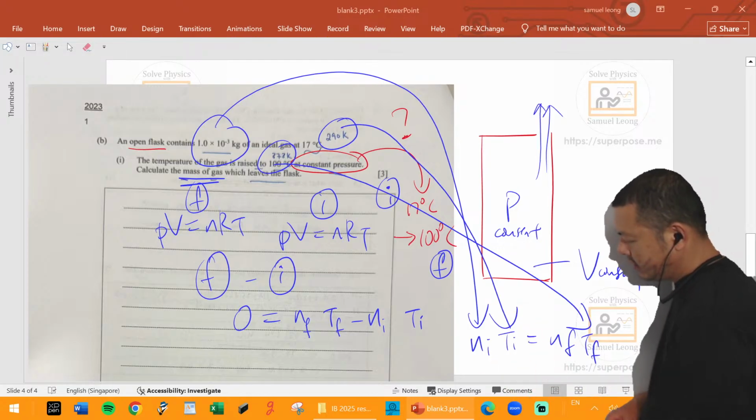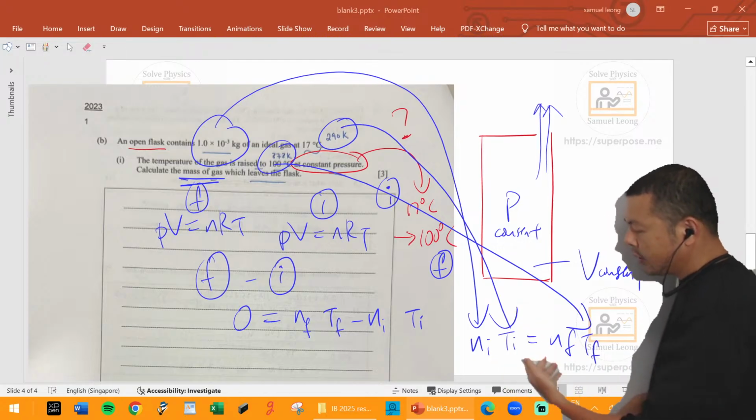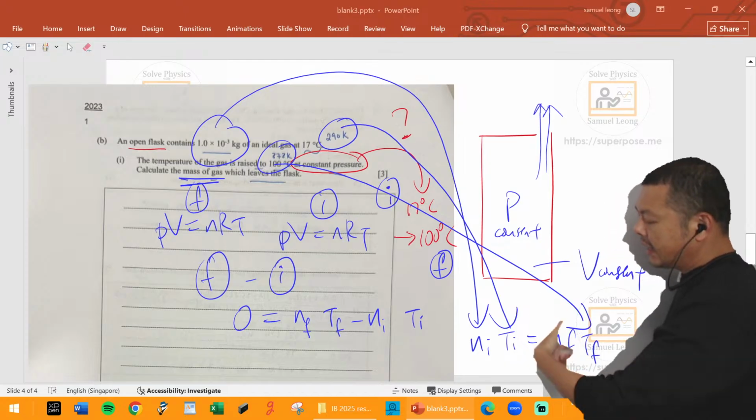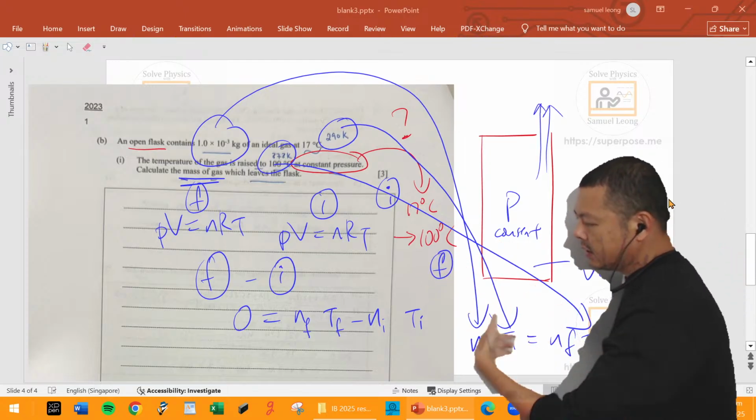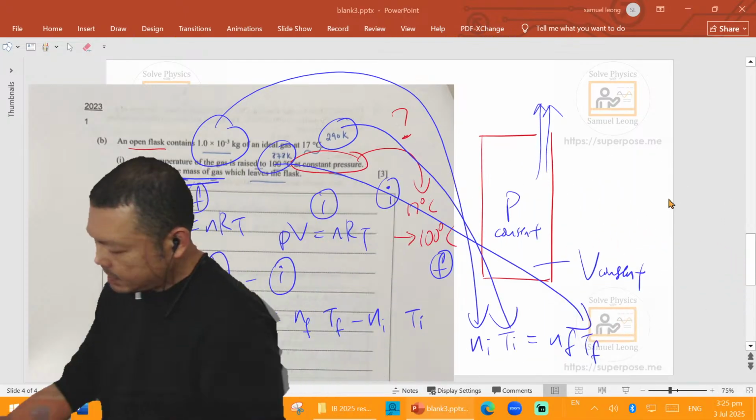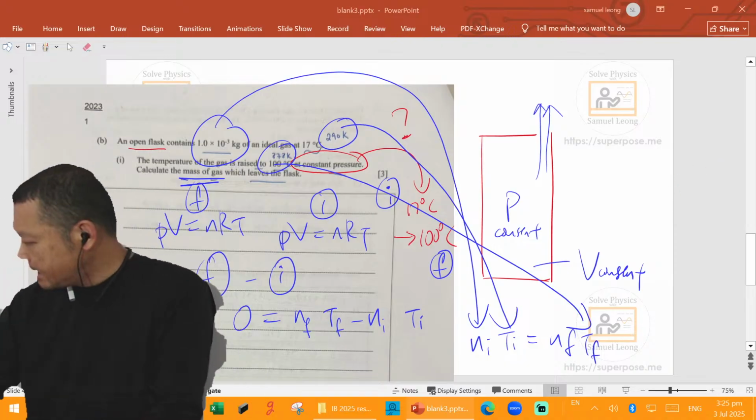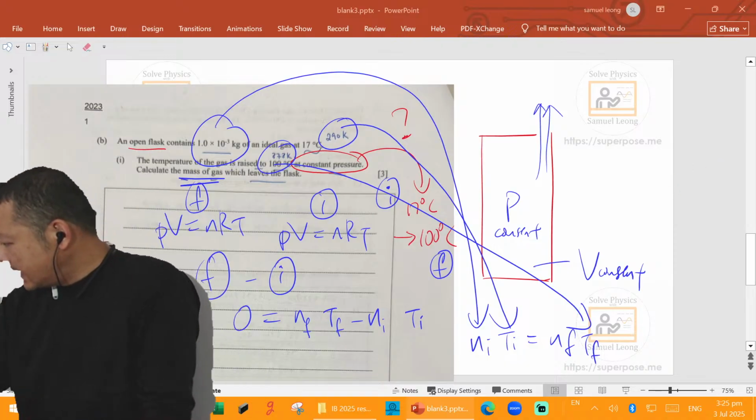So you end up just being able to use this equation to find the total mass, and then you subtract the initial mass from the final mass, and you get the difference in mass. Oh, and then the very last one?